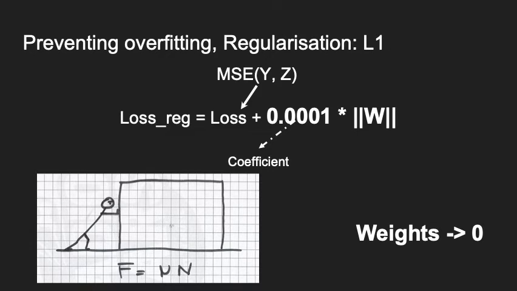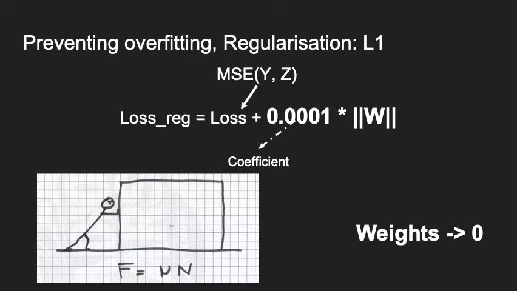The first method that I'm showing you here for preventing overfitting is called L1 regularization. Basically, you add something to the loss. You add a coefficient, usually a very small one, and you multiply it by the absolute value of the weights. L1 regularization works a little bit like friction, because this new quantity is never equal to zero.